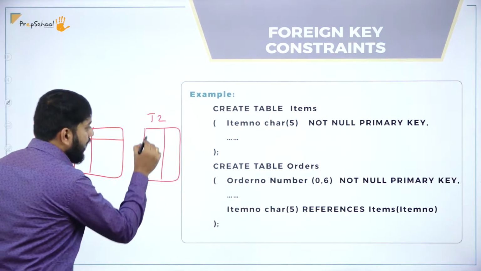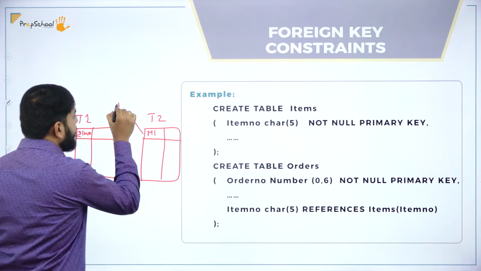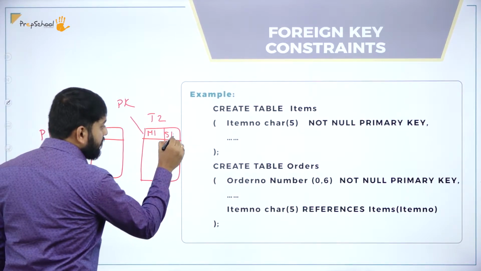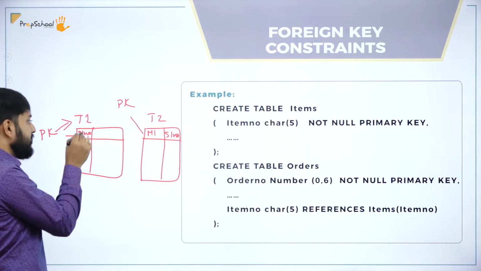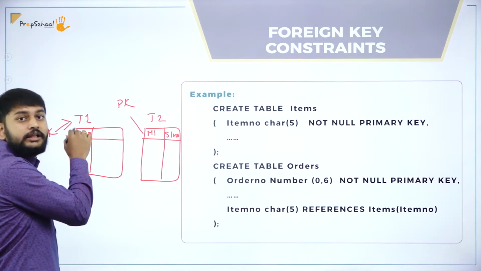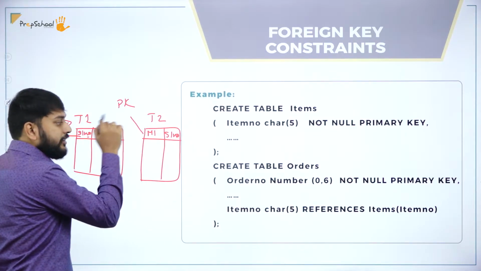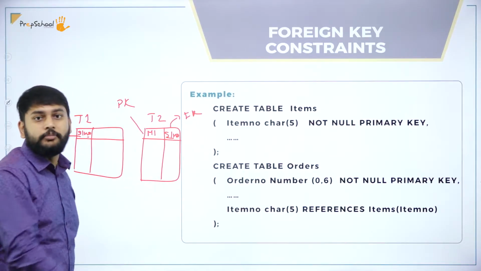So imagine I have M1. M1 is a primary key in T2. Suppose I have serial number here, okay? Serial number here is a primary key in T1, but this primary key will act as a foreign key in some other table.